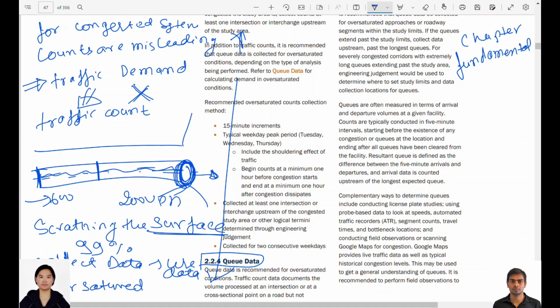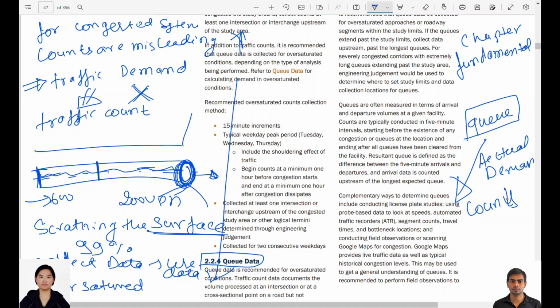This is just one of the considerations mentioned here, where a queue is forming that masks the actual demand, and the counts are lower. But under oversaturated conditions, some counts can be higher than demand as well. It's not only on the lower side. So all those phenomena are discussed in greater detail with examples and drawings in the fundamentals of traffic operations series. Please refer to that.